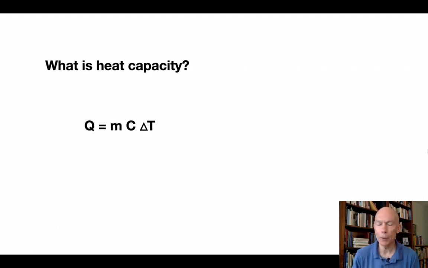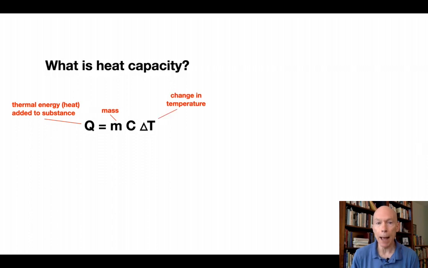A quick review. Some of you may have remembered this very famous equation, Q equals mc delta T. What do these symbols mean? Q is the thermal energy, which we call heat, which a substance absorbs. M is mass, delta T is the change in temperature, and then the C becomes the heat capacity.